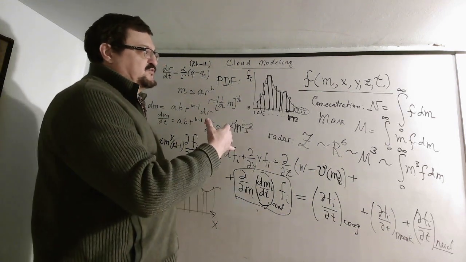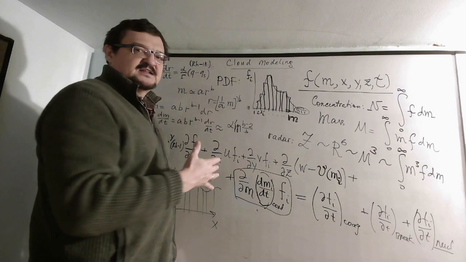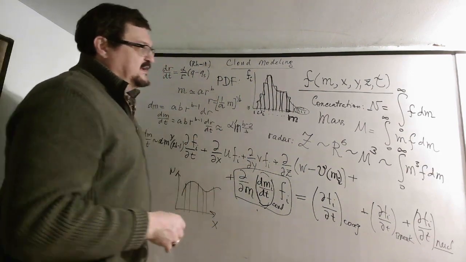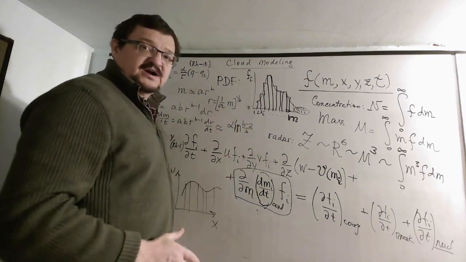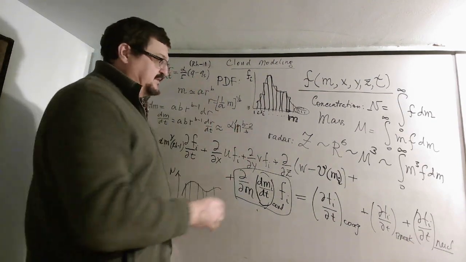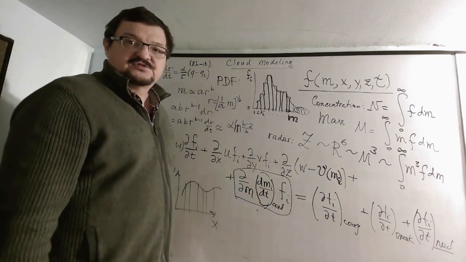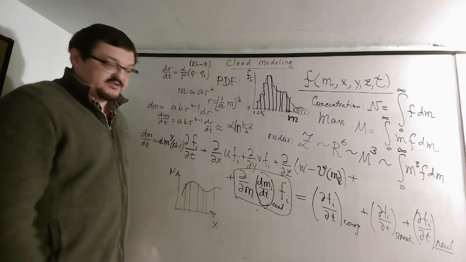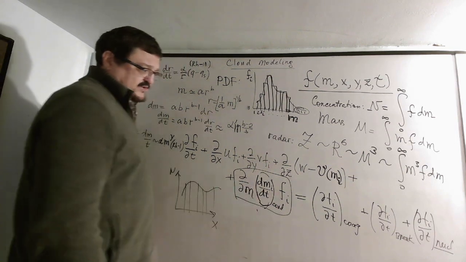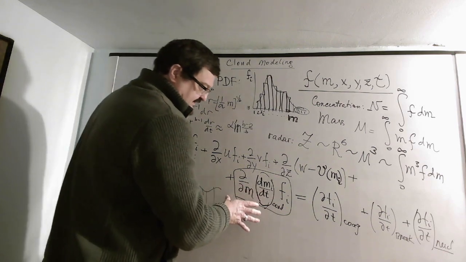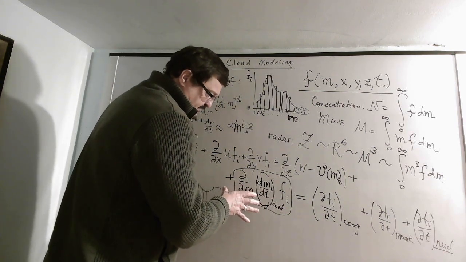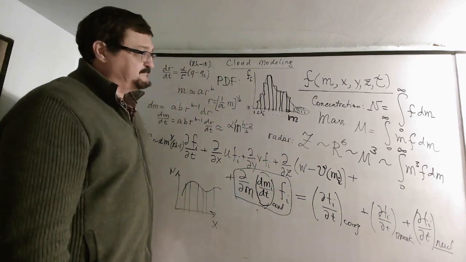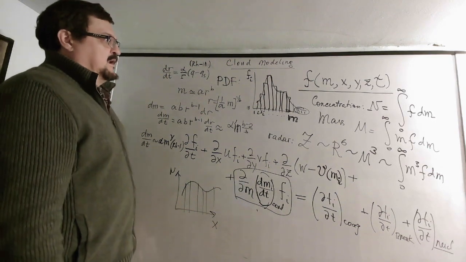It allows you to consider in great detail how aerosol, for example, is incorporated in clouds and how it's processed by clouds, and so on. But it comes with a very heavy price of very large computational expense, because you have this extra dimension that you need to handle, and you also need to use a very expensive and accurate advection algorithm to handle all this movement, both in size space and in geometric space.